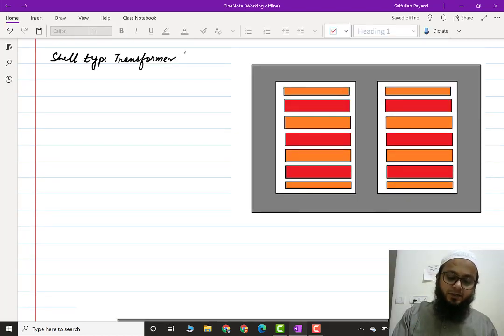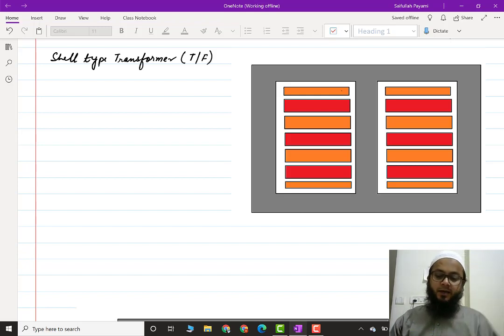For transformer, generally I would write T/F. So in the shell type transformer, unlike the core type where we wound the windings on the outer limbs, we do the windings on the central limb.